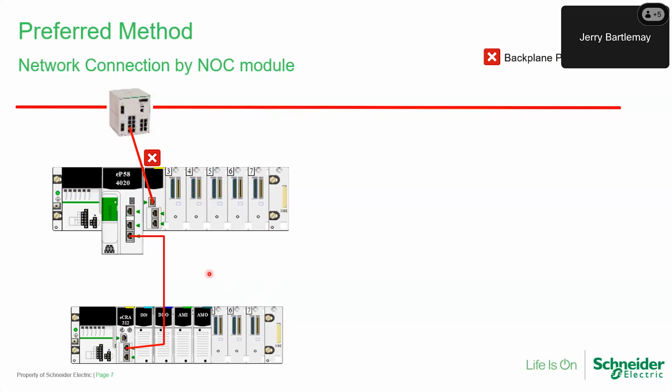That's very important. And so now what happens? The drop is powered up. It sends out its DHCP message, and it is not passed on by the NOC module to the plant network because it is isolated. It's not actually on the Ethernet remote I/O network. And then the IP address assignment and the configuration goes down to that drop.